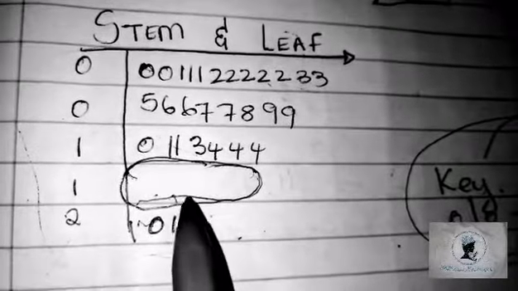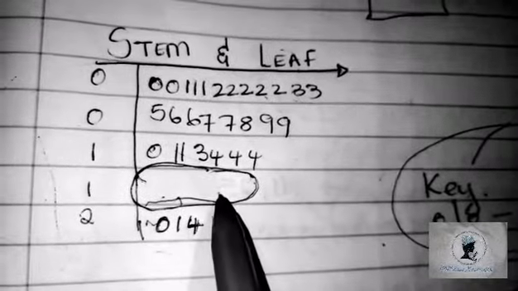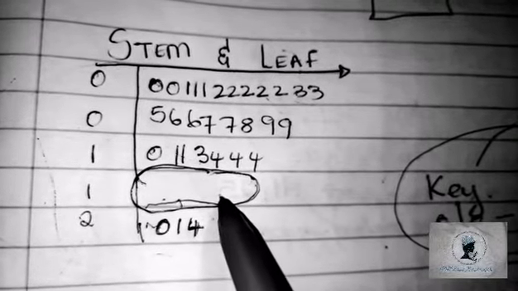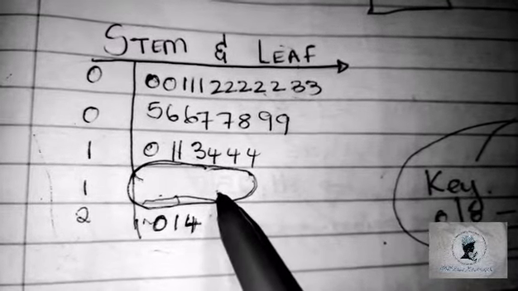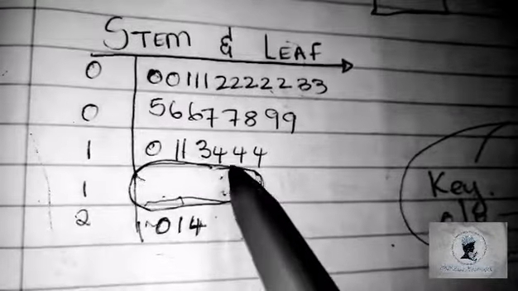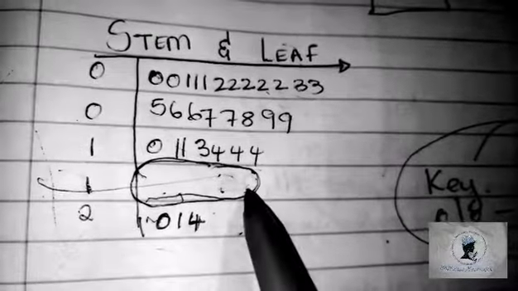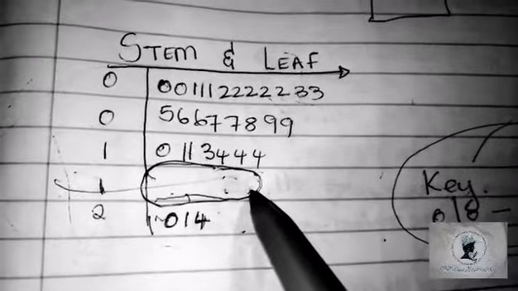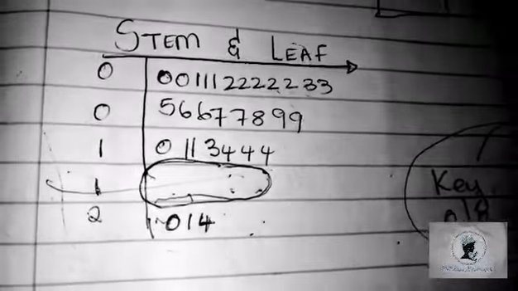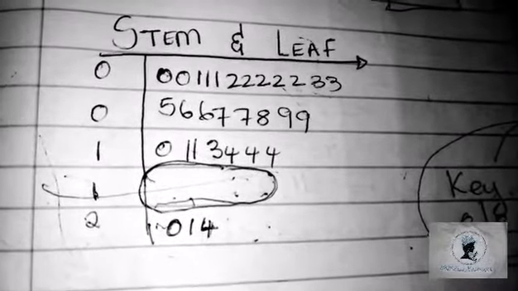So this is blank, guys. This is just a trick to see if you really understand your stem and leaf. Basically, there is no value here. You won't go and write that this value is 1. No, there is no value in this row. It is just a trick to see if you really understand your stem and leaf.